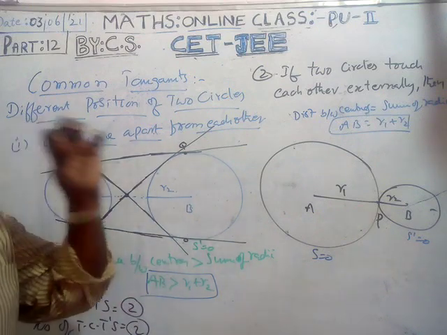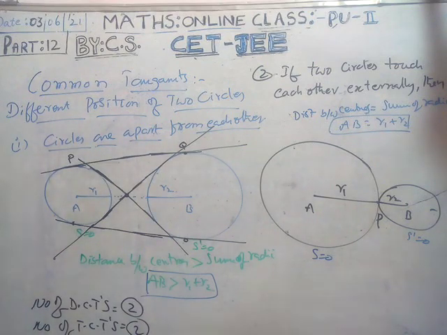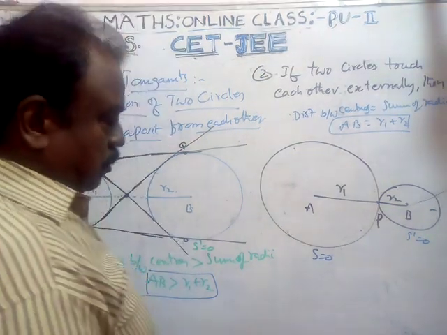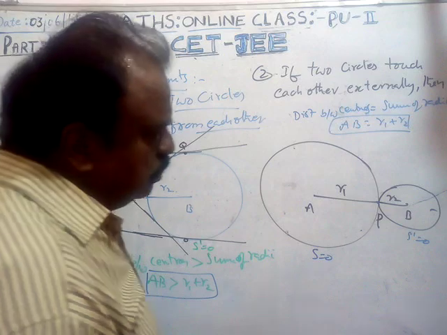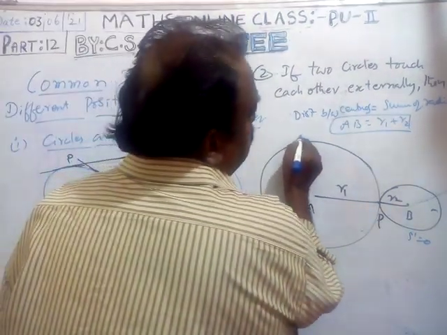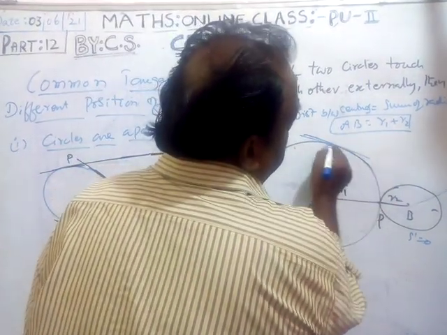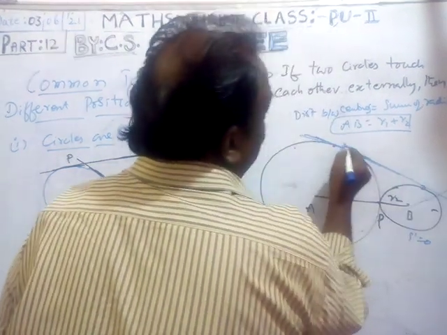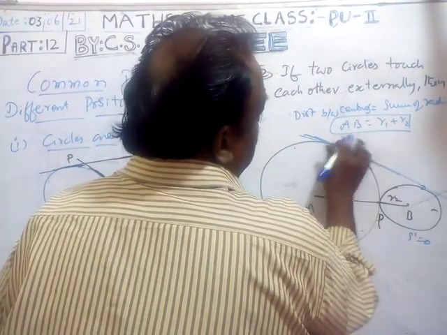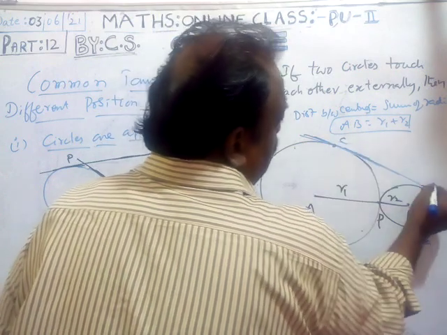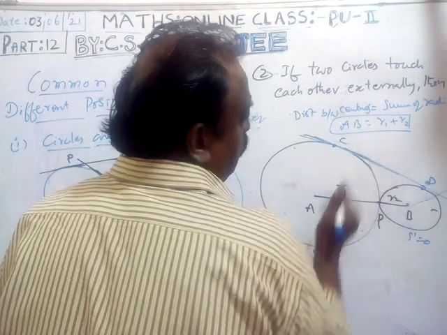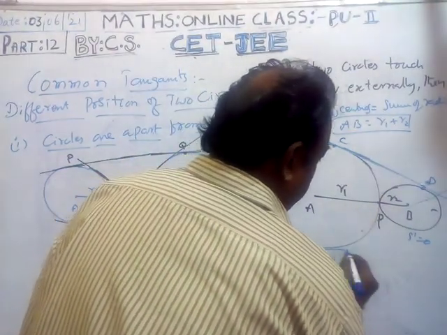That is, the two circles are touching externally. Now observe the DCTs. Say the points of contact are some points C and D, we assume. Similarly, here also.